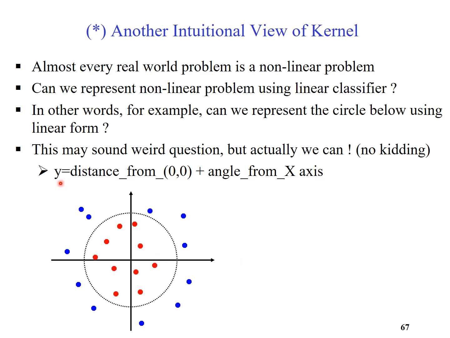Then all of a sudden this formula is linear, and by using this, we are able to divide these two values. It is a breakthrough, and that is actually another way of looking at SVM. I'm going to explain it in the next slide.